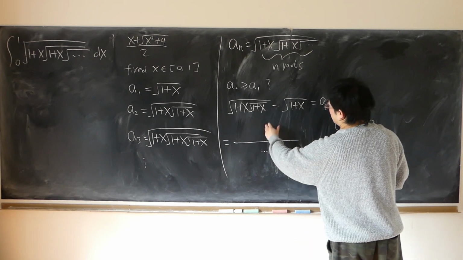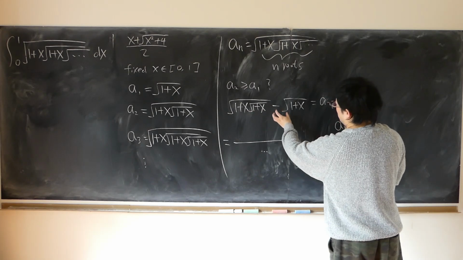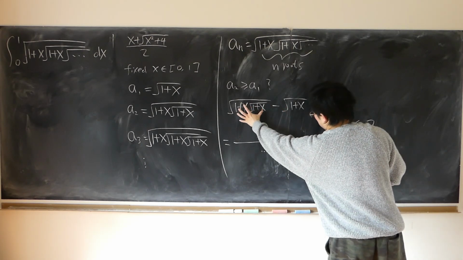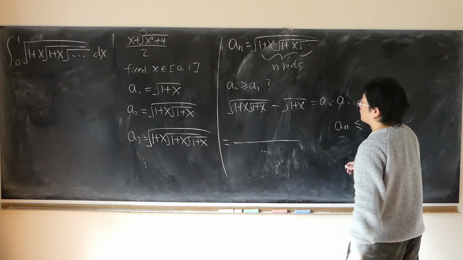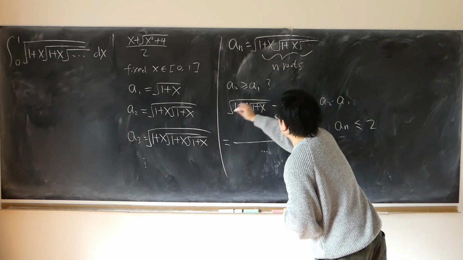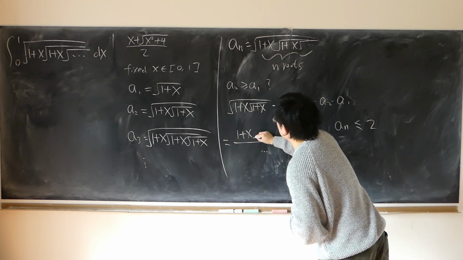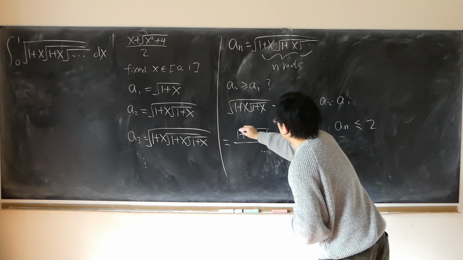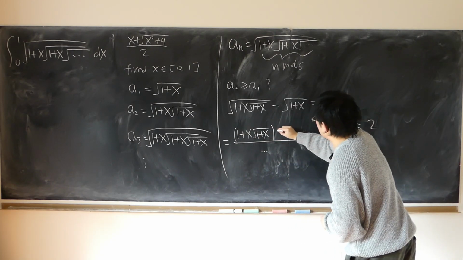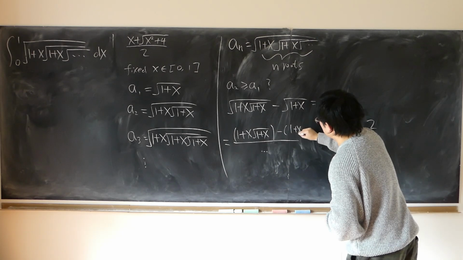So this multiplied by its conjugate gives me this square minus this square. So this square is this, and this square is this.